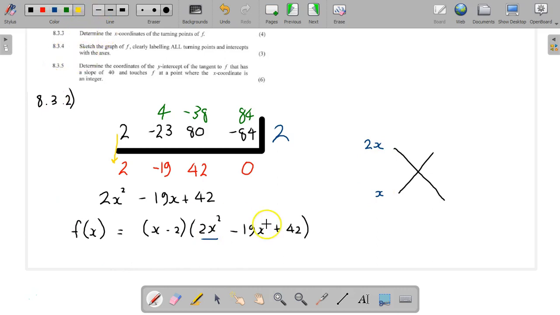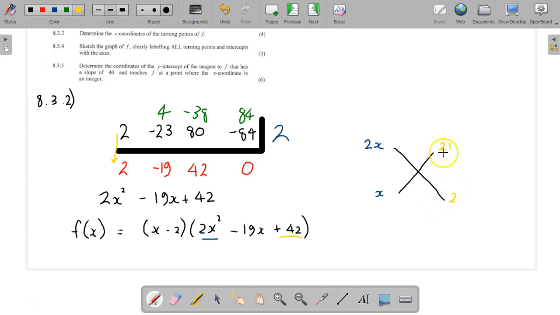Then I look at the factors of 42. Let's just use an arbitrary example to demonstrate the cross method. Let's take 2 and 21.